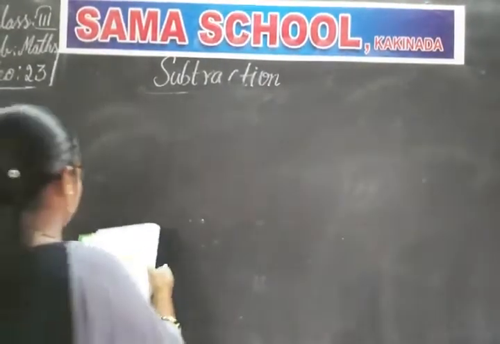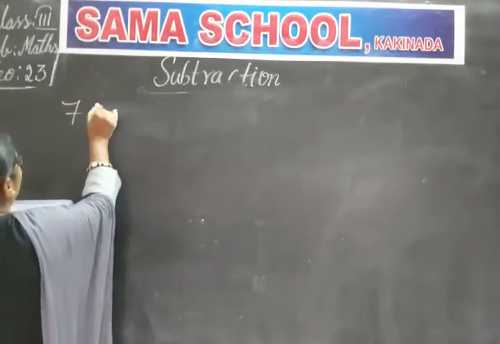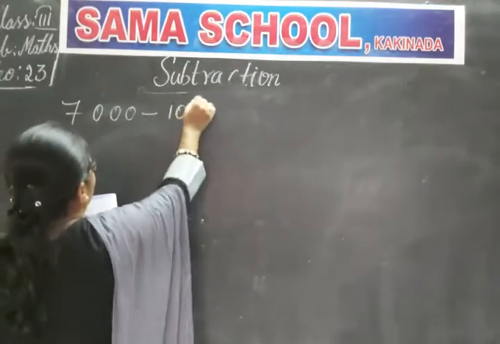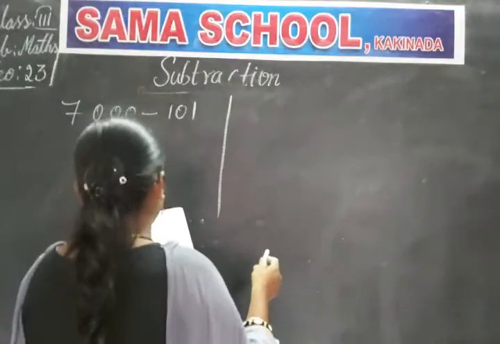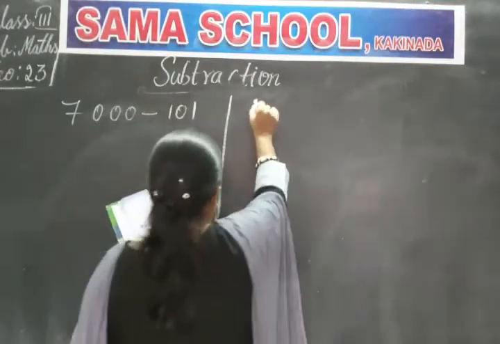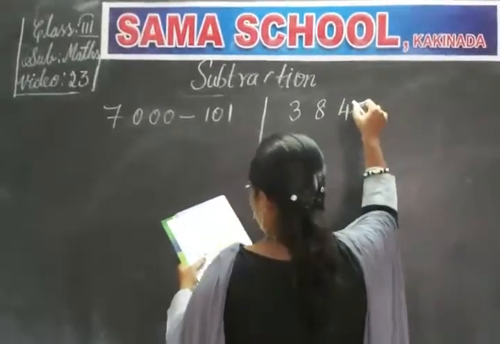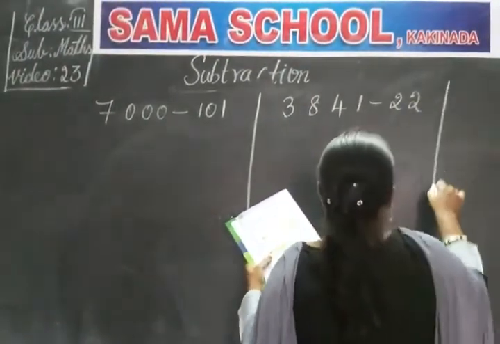Let us see these examples. 7,000 minus 101. The next sum is 3,841 minus 22.